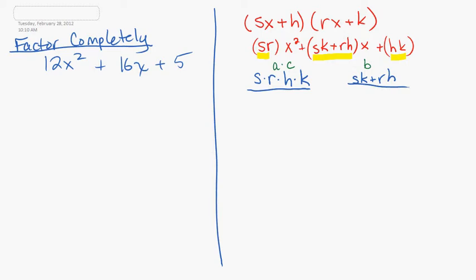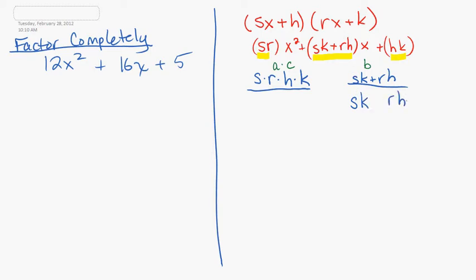That looks a little weird, right, with all these letters. What do I mean by that? I'm looking for things that multiply to s times r times h times k that add to b, which is s times k plus r times h. Well, it turns out two things that multiply to ac that add to b in this case are exactly s times k and r times h, right?